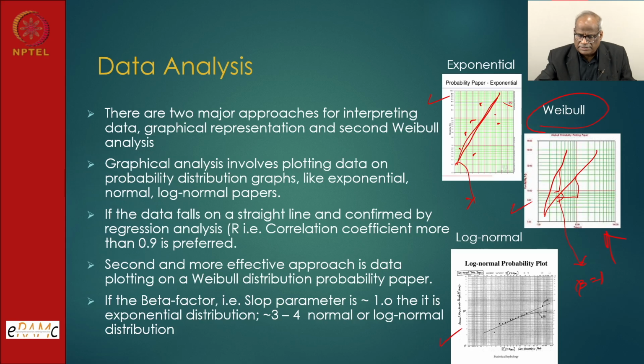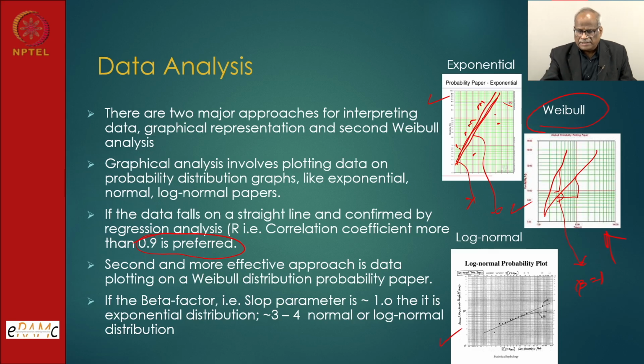Now I have got this data, and I am seeing it. But if I have to say perfectly, mathematically or in a demonstrated way, that it is an exponential distribution, there is something called regression analysis. If the coefficient of correlation is 0.9 or more, it depends on the people who are in decision making, but if it is 0.9, then that means it is following an exponential distribution.